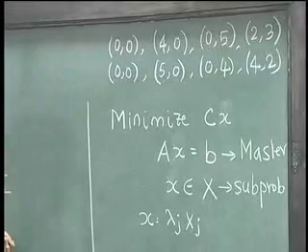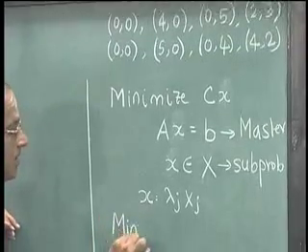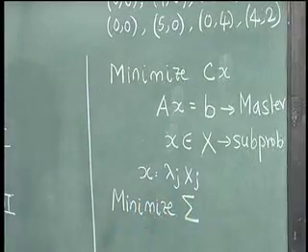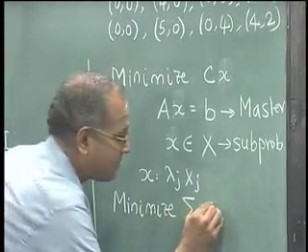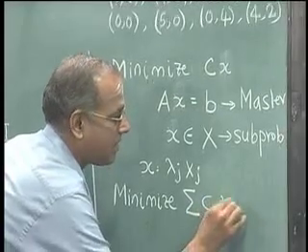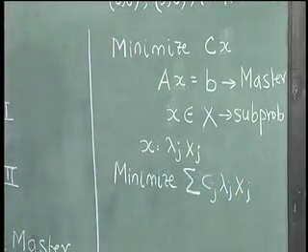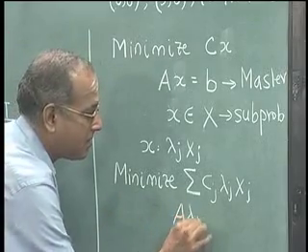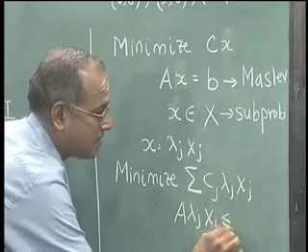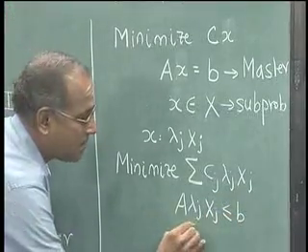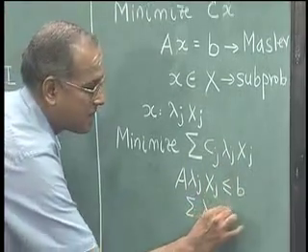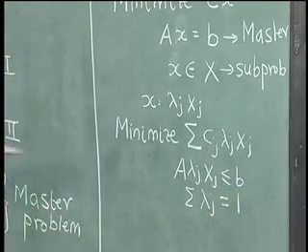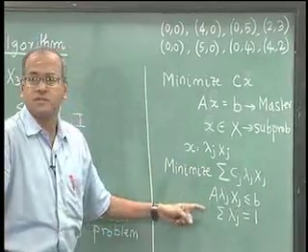So, when we write this, the problem will now reduce to minimize sigma C j lambda j x j subject to A lambda j x j less than or equal to b, sigma lambda j is equal to 1. Because it is represented as a convex combination of the corner points.